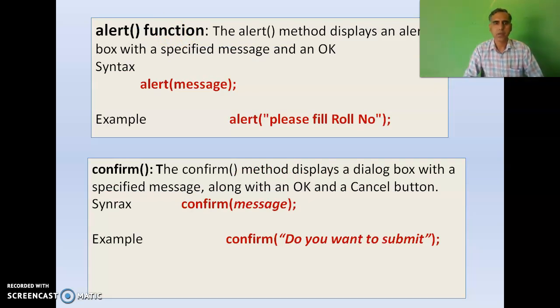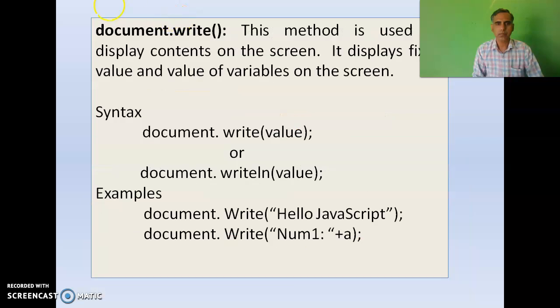The difference between the alert function and the confirm function is that the alert function displays the dialog box with an OK button, and the confirm function displays the dialog box with OK and a Cancel button. There are many inbuilt functions in JavaScript.